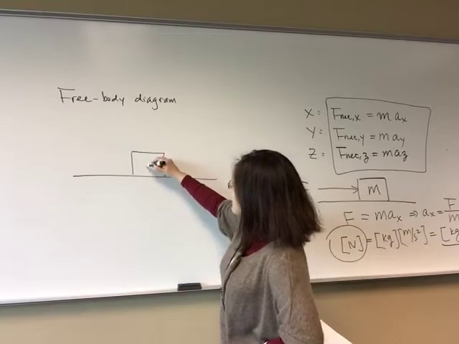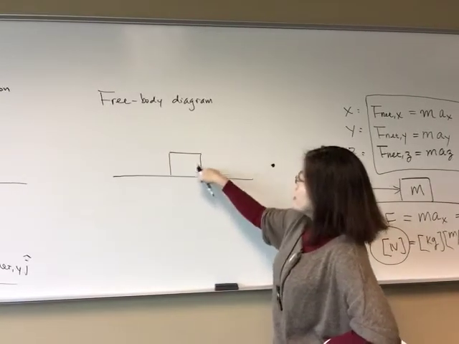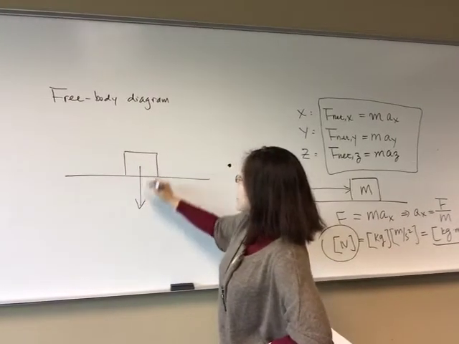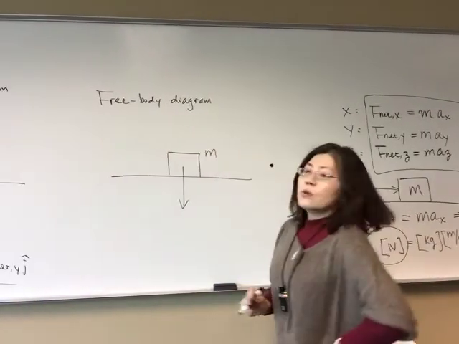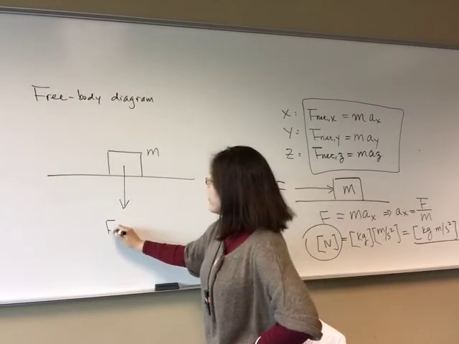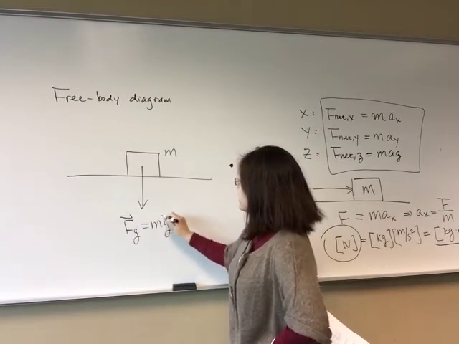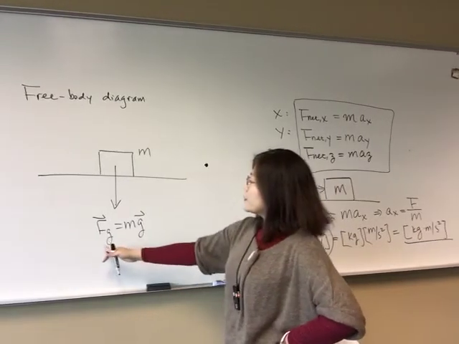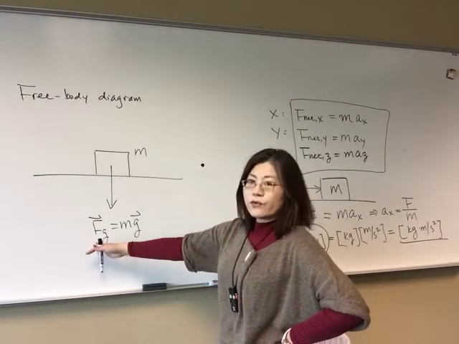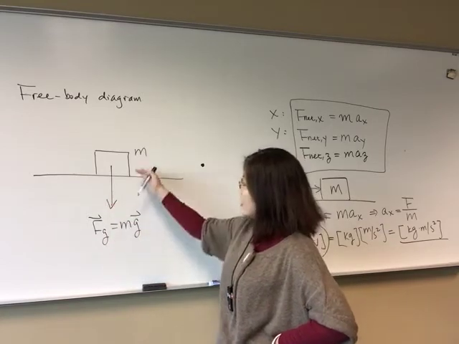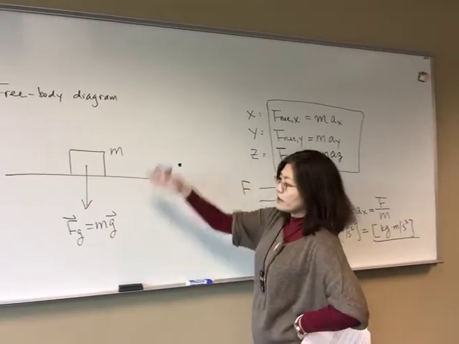We know that this object experiences gravitational force, because let's say it has mass m. The gravitational force Fg is equal to m times g. I express that in vector form because the force is downwards, so you have the mass of the object times g, and it's going downward.